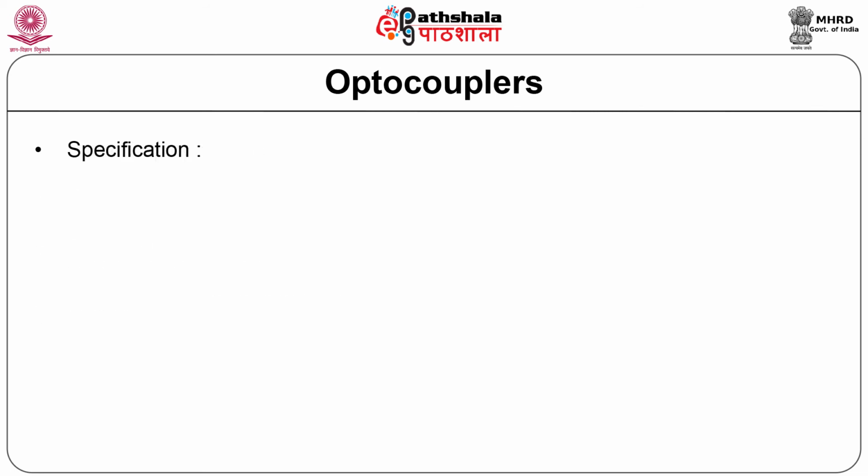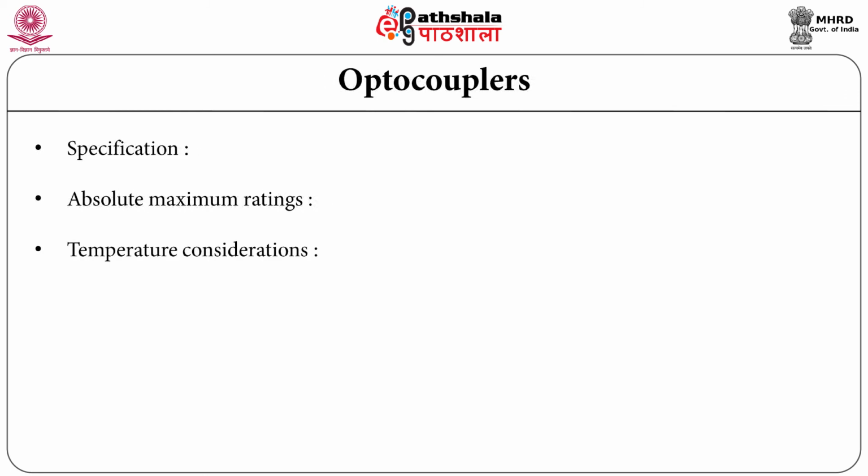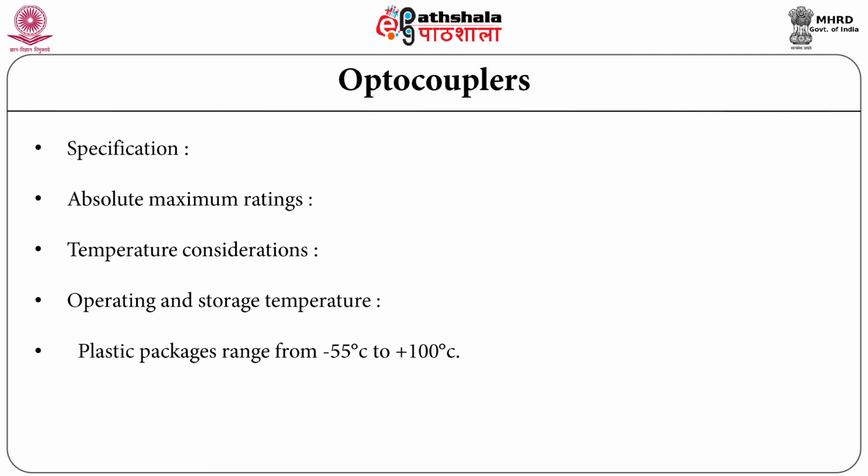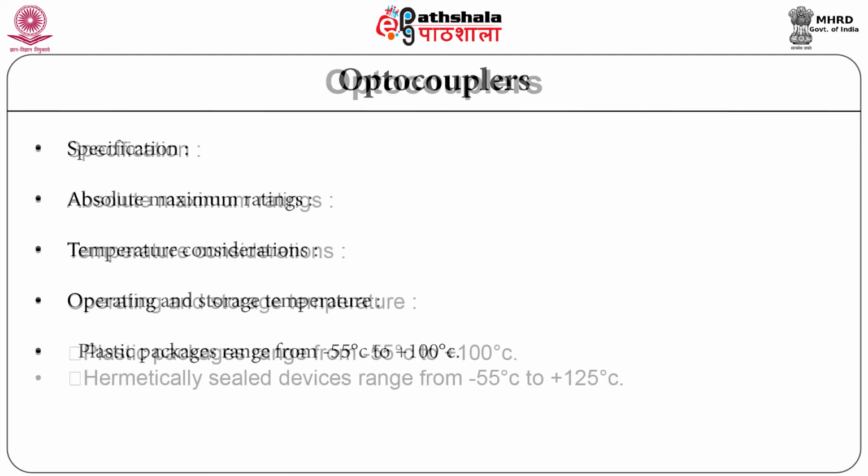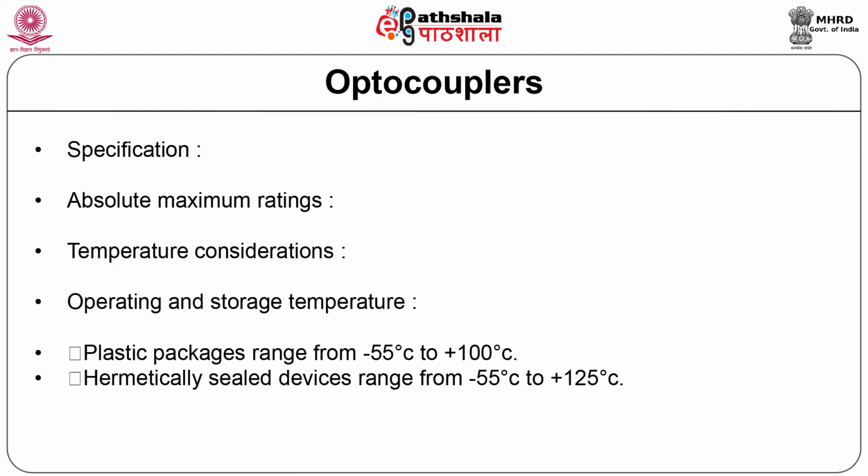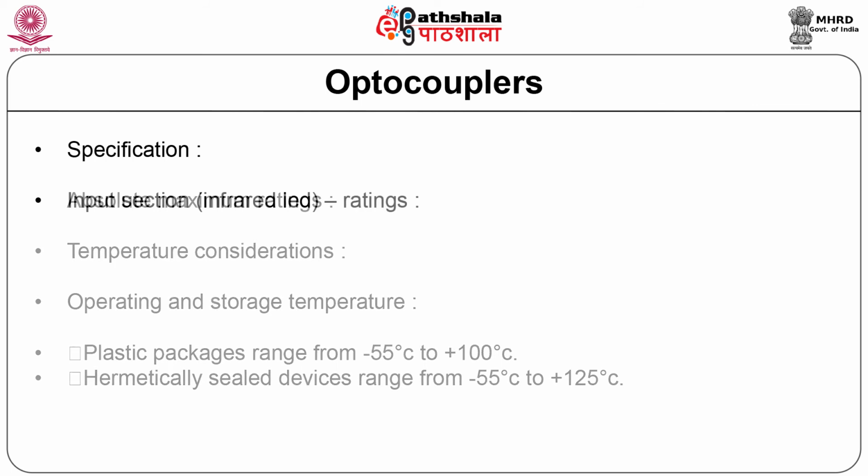Some specifications are related to the maximum ratings, such as temperature considerations, that is operating or storage temperature: plastic packages range from -55 degrees Celsius to 100 degrees Celsius, and hermetically sealed devices range from -55 degrees Celsius to +125 degrees Celsius.